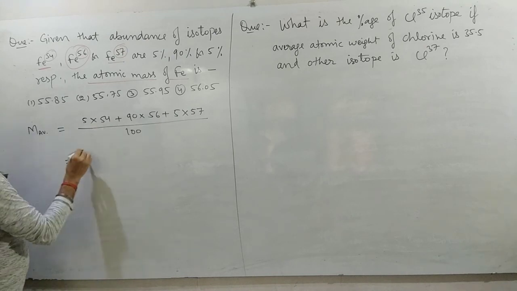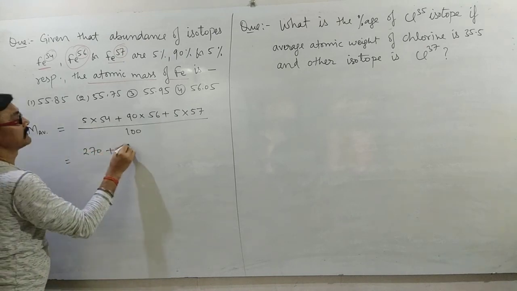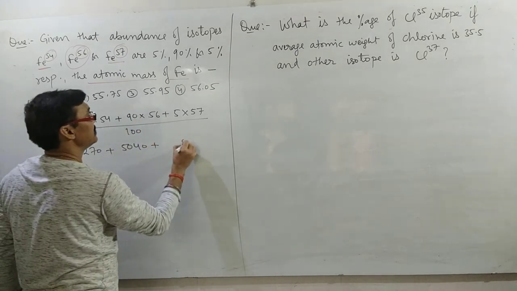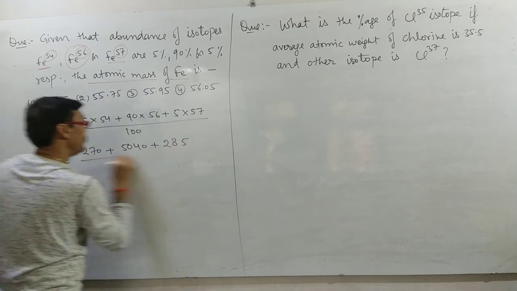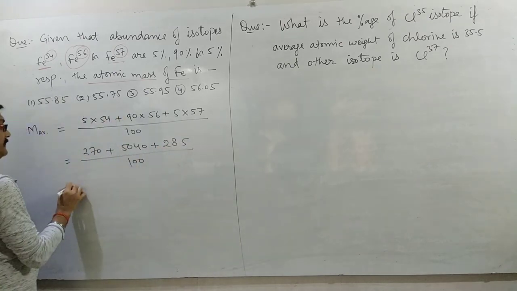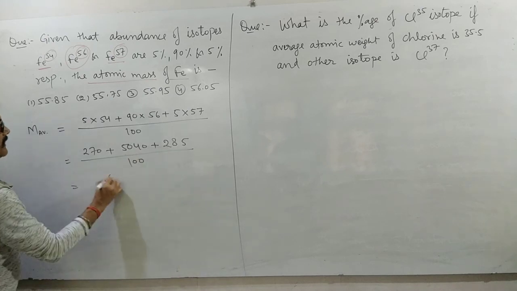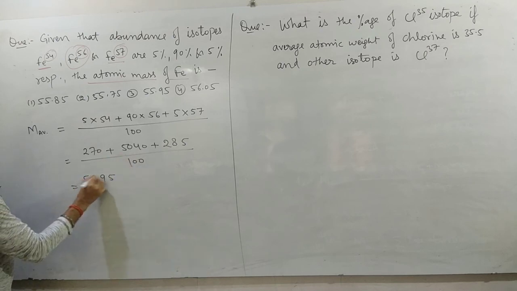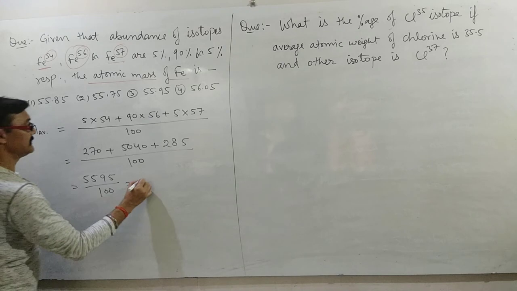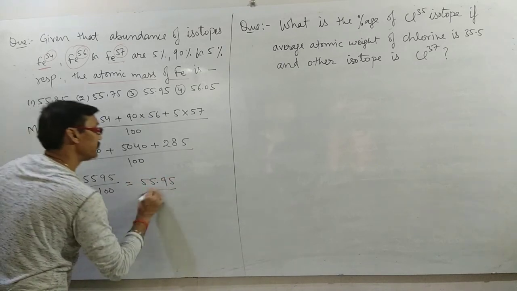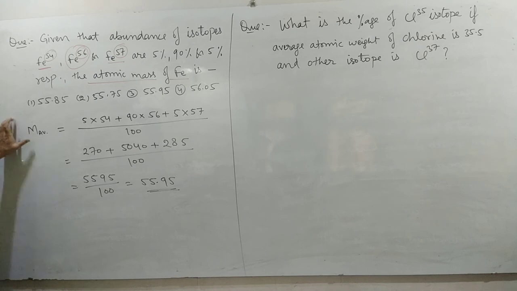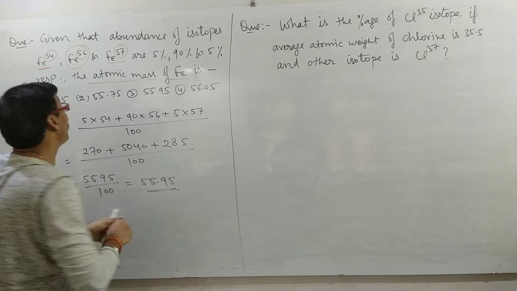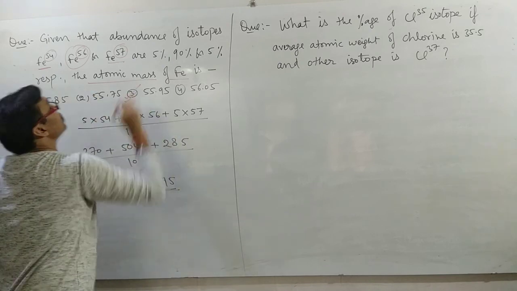So it is 270 plus 5040 plus 285, divided by 100, that is 5955 divided by 100, which is equal to 55.95. That is the average atomic mass or relative atomic mass of iron, 55.95. So your answer will be the third option.